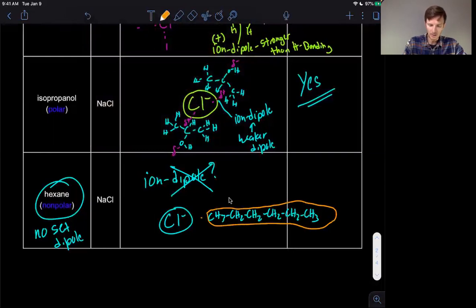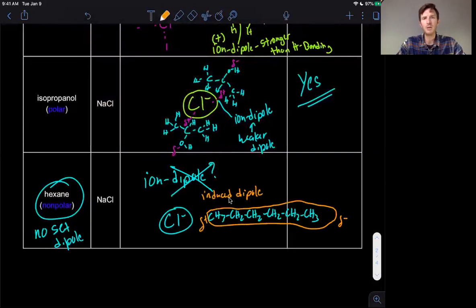And what that's going to do is give us a partial positive and partial negative. And what we've done here is we've induced or caused a dipole in our isopropanol, or excuse me, our hexane molecule. Now, this is not a very strong attraction because this dipole would not actually be present unless it came close to this chloride ion.